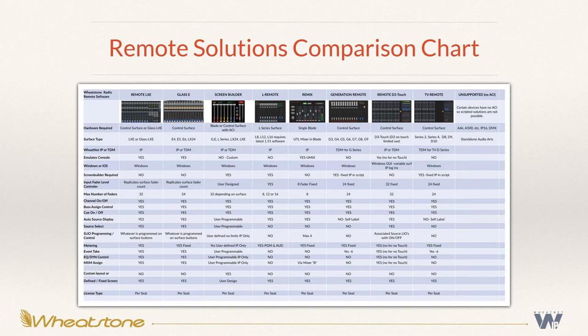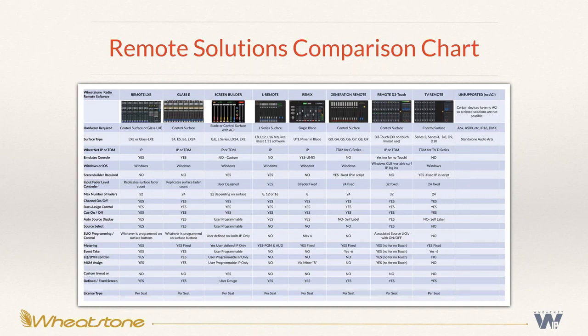So this last slide here is our remote solutions comparison chart. And what we want to make available to you is some ways, depending on what equipment you may or may not have already. If you have one of our legacy TDM surfaces, if it has an ACI, then we have a remote control app for it.